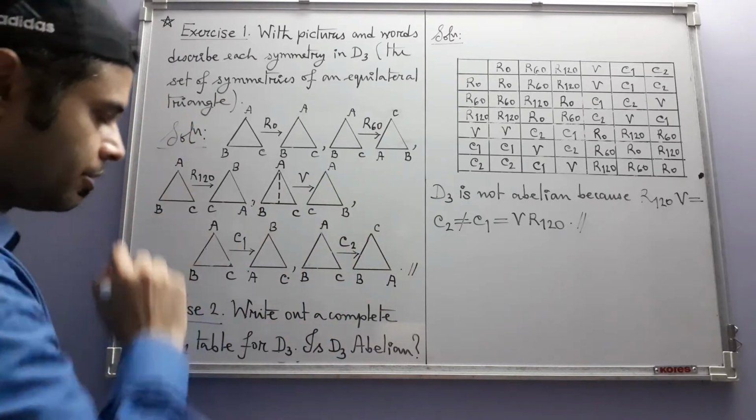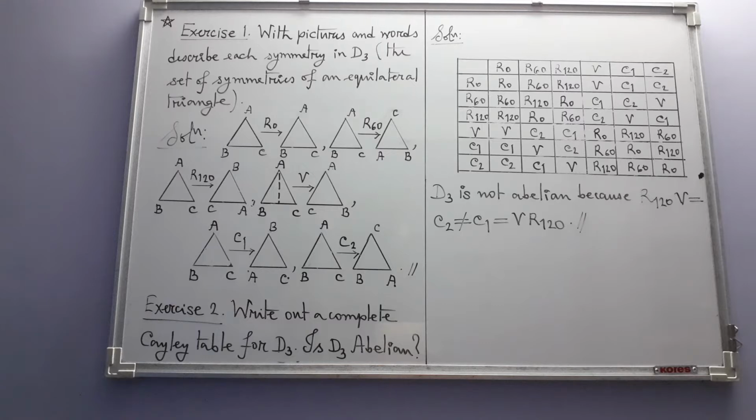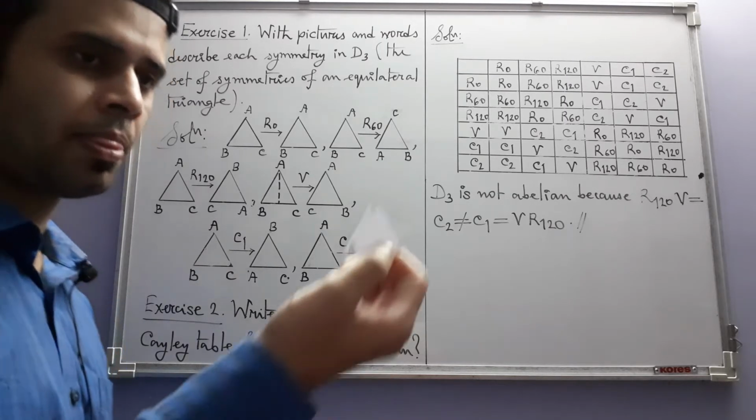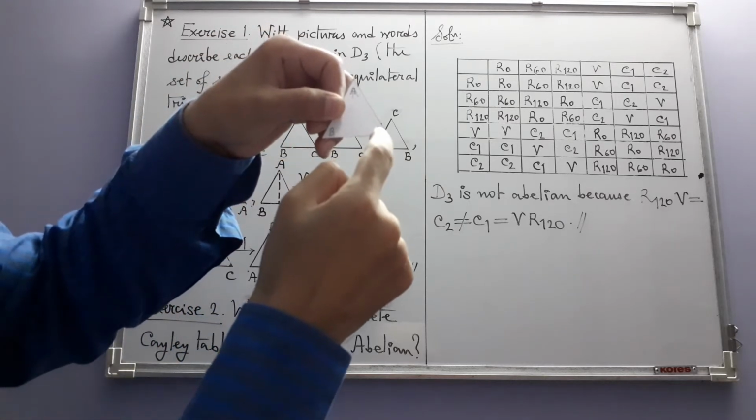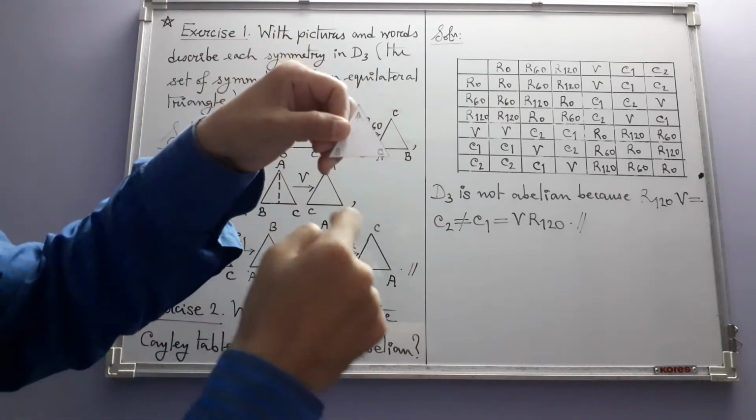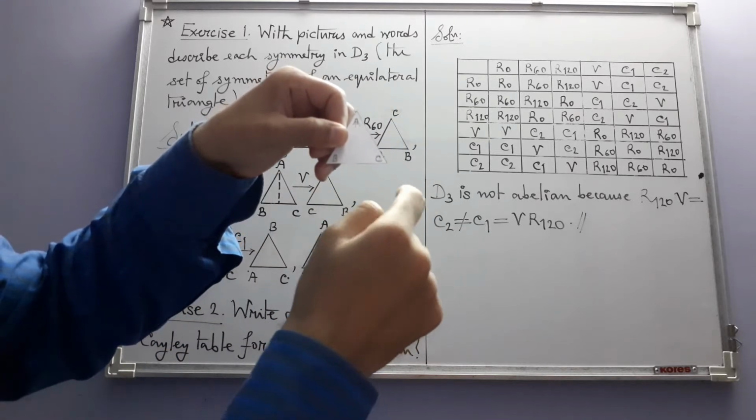Okay, so it's like this. Here I have a triangle cut out. This is ABC. So here the sense is counterclockwise.